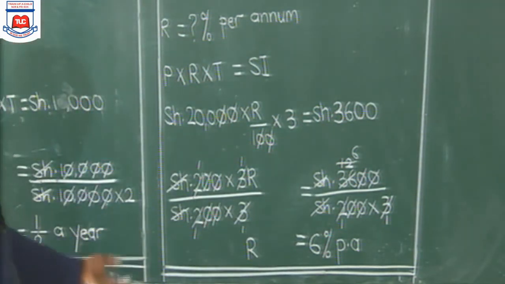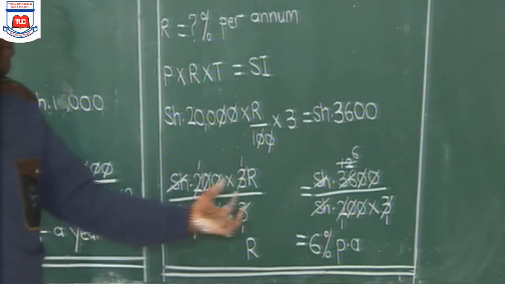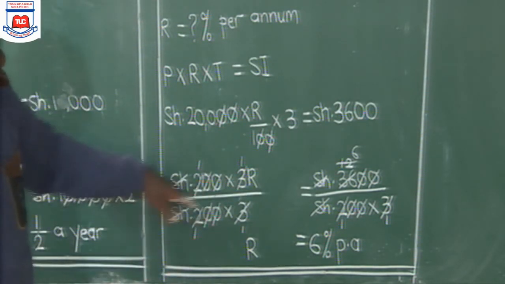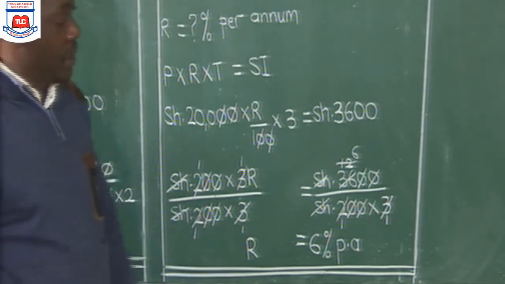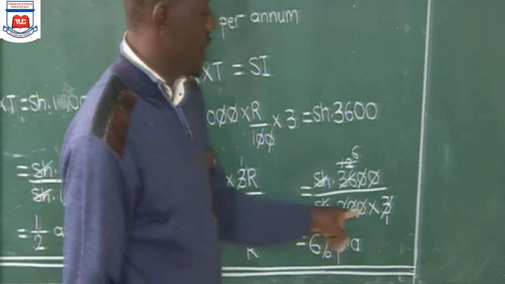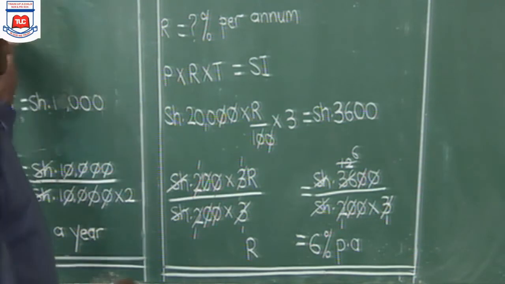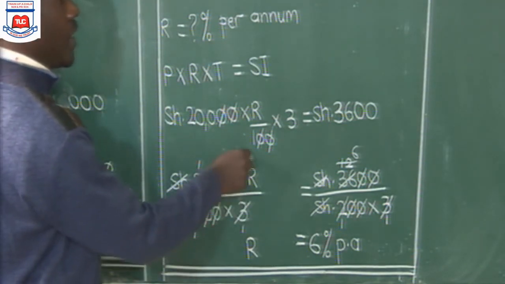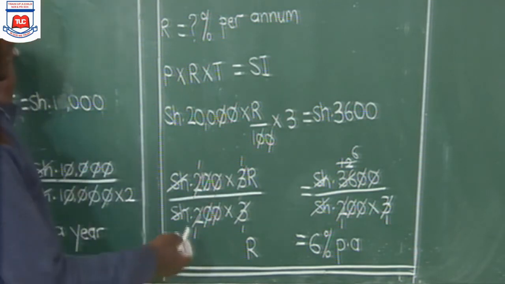You are dividing either side by 200 shillings times 3 to remain with R, which is rate of interest. So we say divide by 200 shillings times 3 and also divide by 200 shillings times 3. Now cancellation is effected here. 3 divided by 3 once, 3R divided by 3, you get R, which is rate.